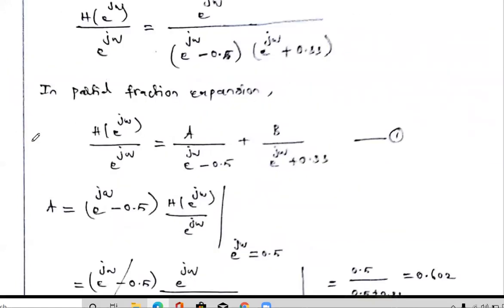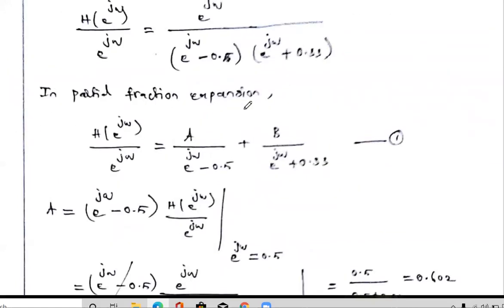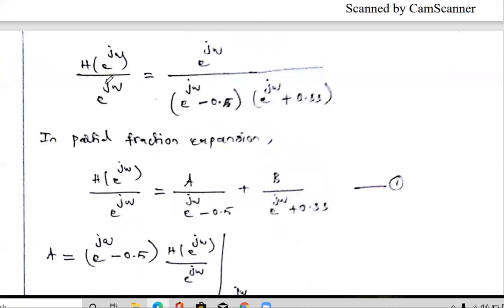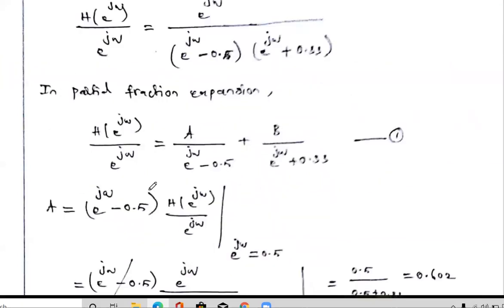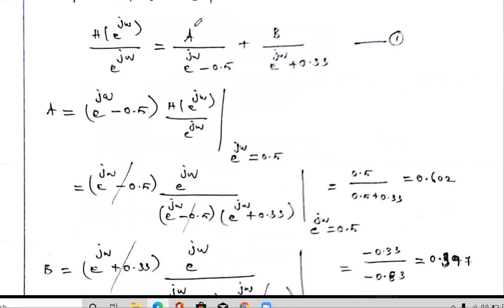Then in partial fraction expansion, the above equation can be written as H of e power j omega by e power j omega equal to the partial fraction coefficient A by the first term plus B divided by the second term. Here we have to find the values of A and B. So how is A calculated?